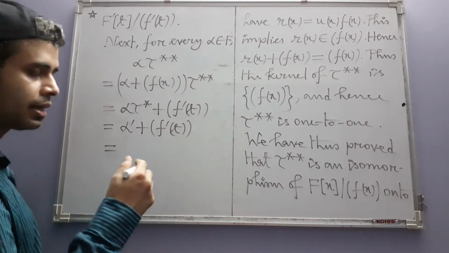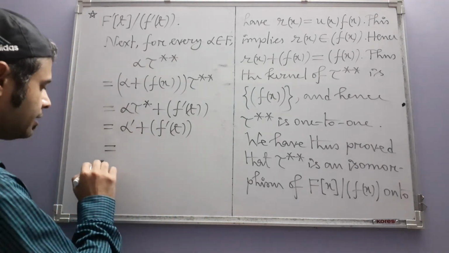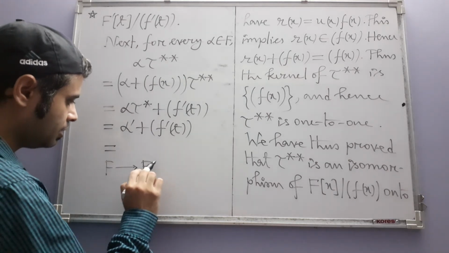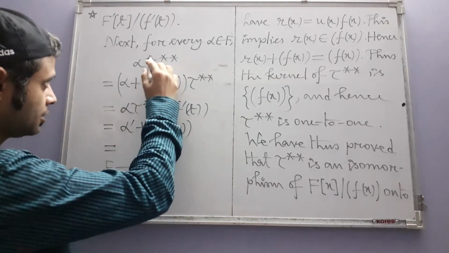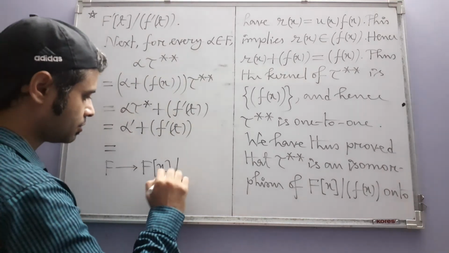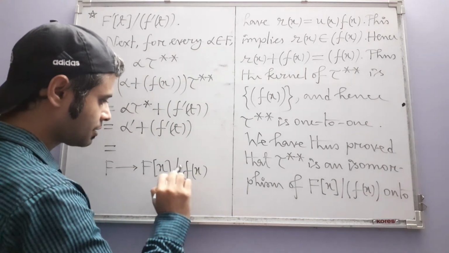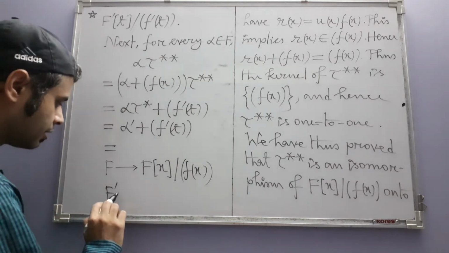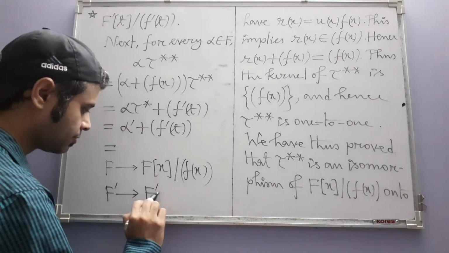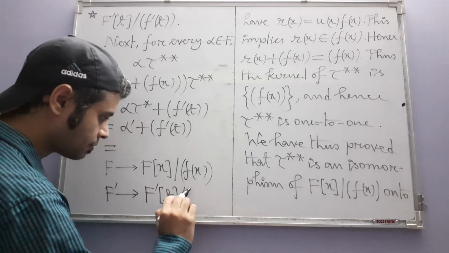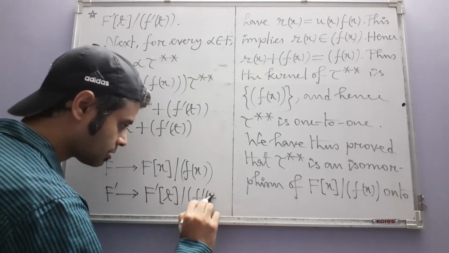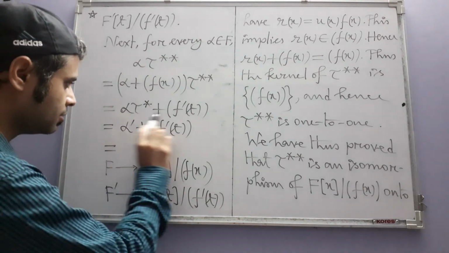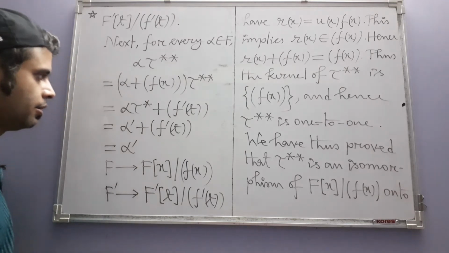And again, by that identification, that is, F is embedded in a very natural way inside this first quotient ring. In a similar, exactly similar manner, F prime is also embedded in this second quotient ring by an identification which identifies this coset with this field element.